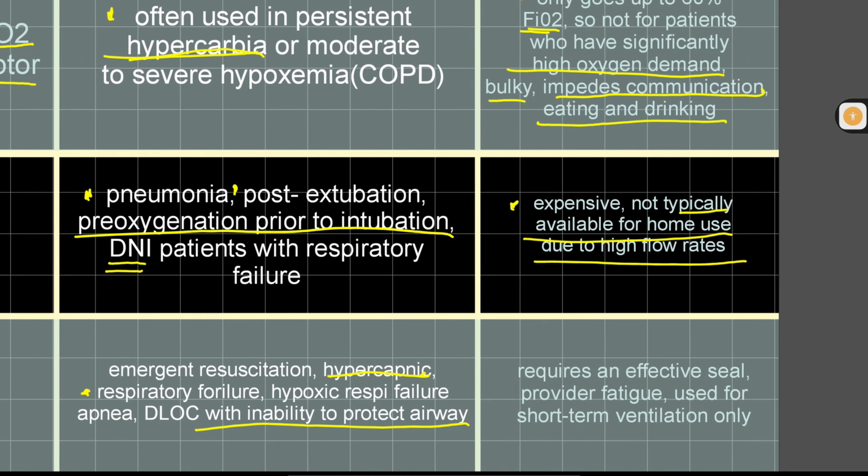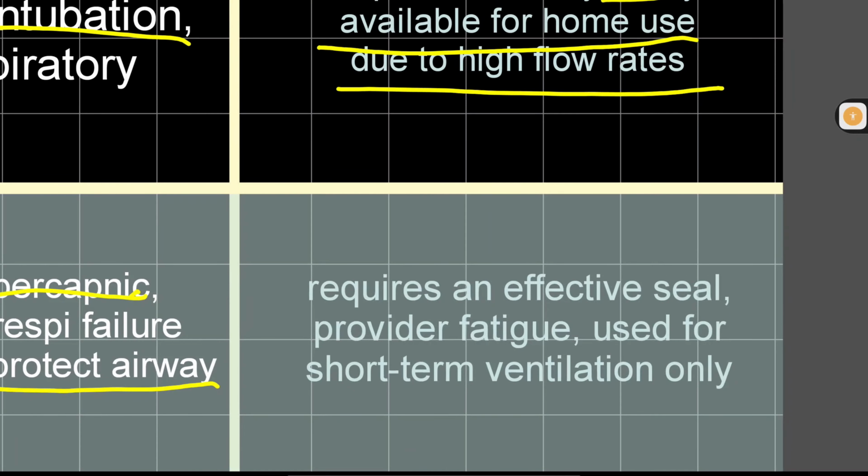Okay, so what are the risks of using a bag valve mask? It requires an effective seal. Meaning, healthcare providers, especially in critical areas, need proper training to properly apply the bag valve mask. There is the C-seal, the CE method. We studied this in our ACLS and BLS, okay? So it requires an effective seal in order for you to deliver oxygen properly.